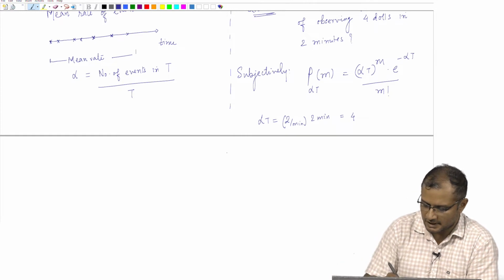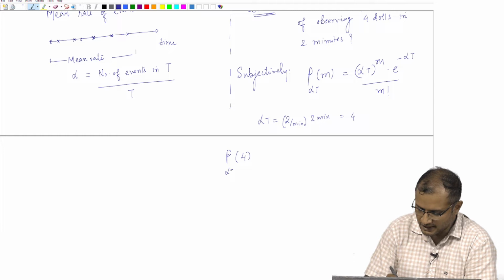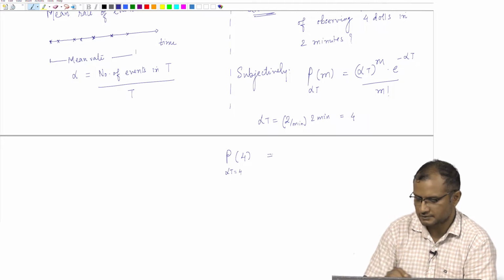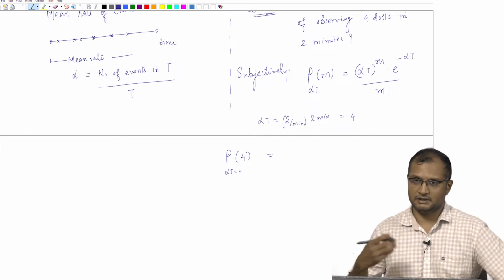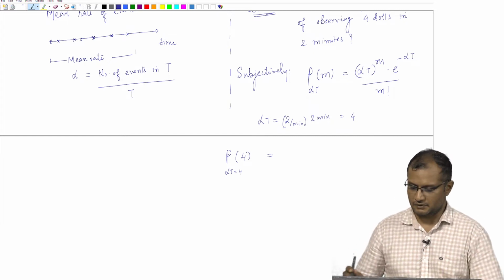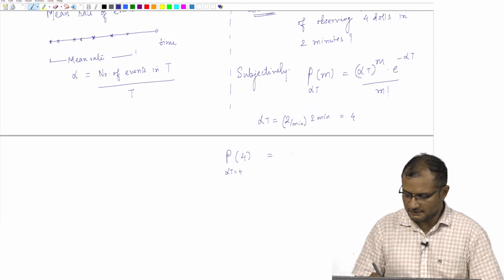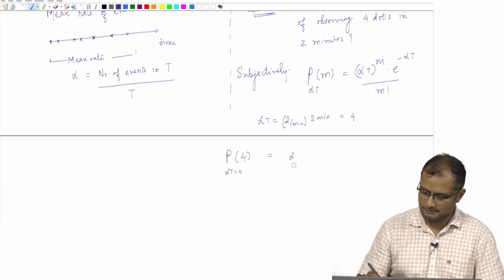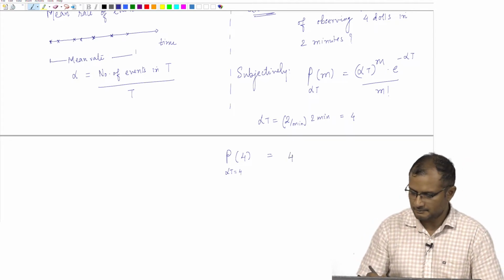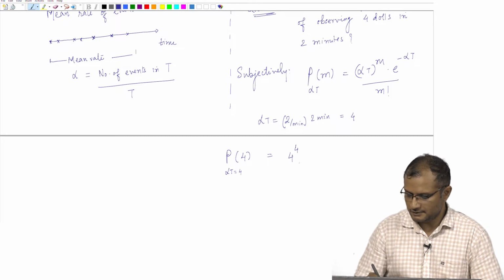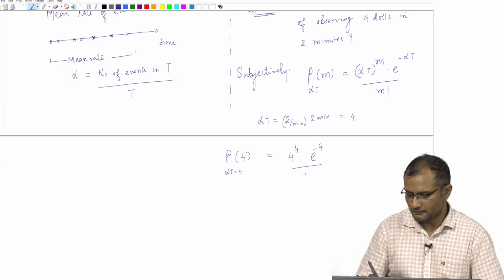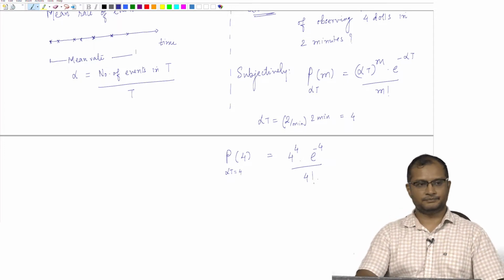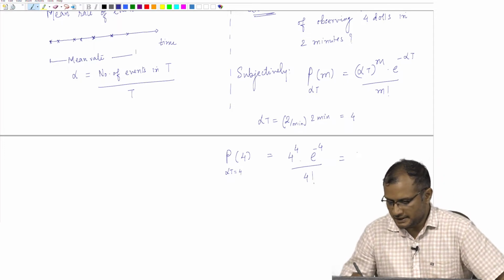So, I can write down P 4, the probability of observing 4 dolls when the average number of dolls that you expect is also 4, as basically 4 to the power 4 into e raised to minus 4 over 4 factorial.